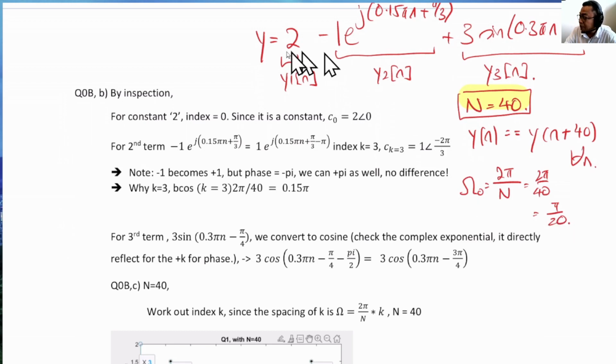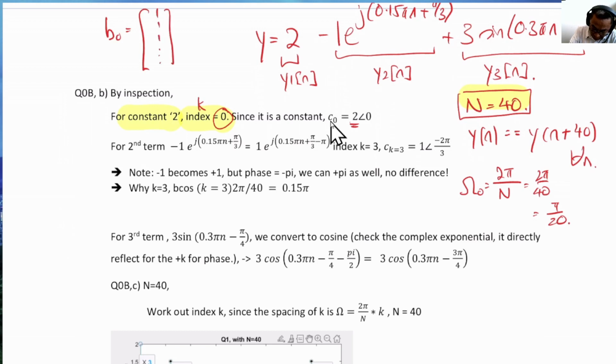Now let's begin with 2. 2 is a constant, therefore it is on the zero harmonic of omega naught. So this is the answer. For constant 2, the k index is equal to 0 since we are using the zero harmonic. C0 then would be 2, the amplitude here, with phase 0, because we are going to multiply 2 with phase 0 by a bunch of 1s. Remember, b0 is nothing but a vector of 1s.